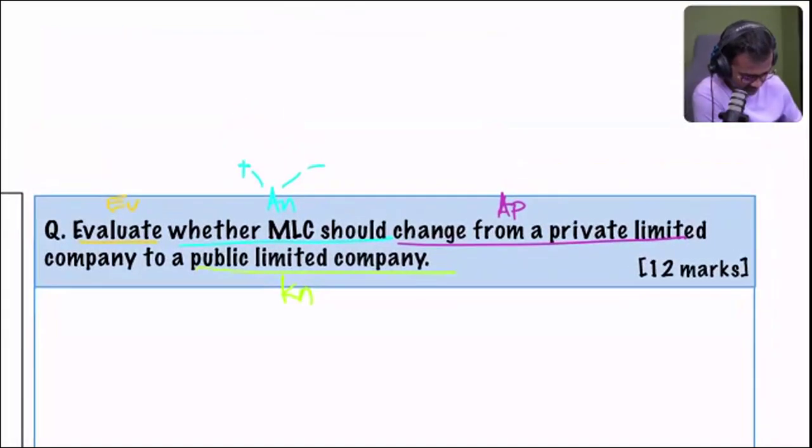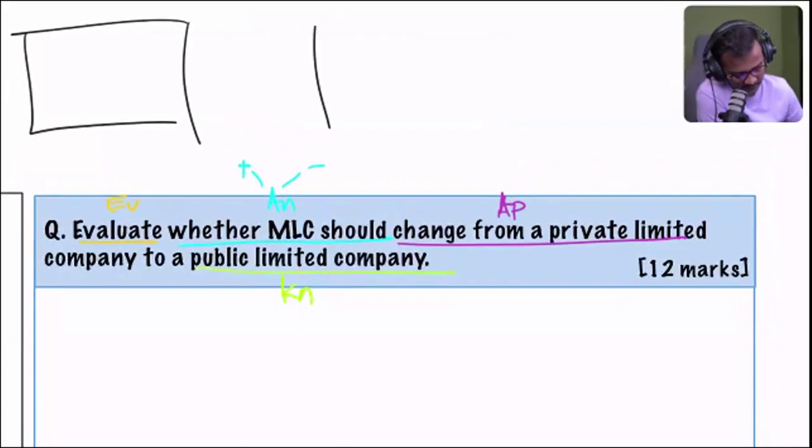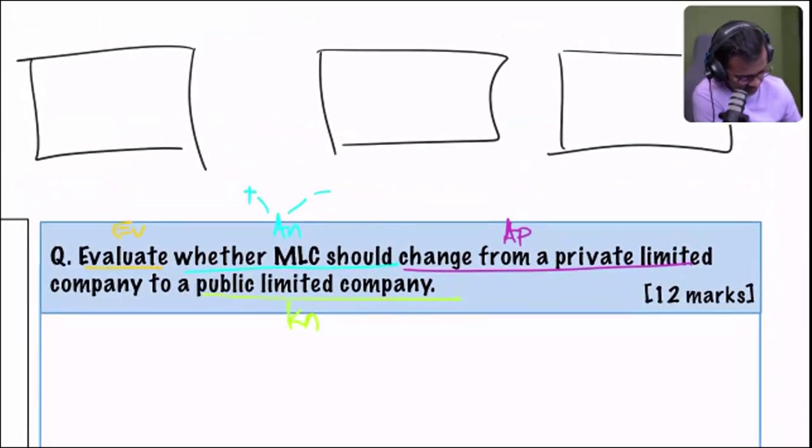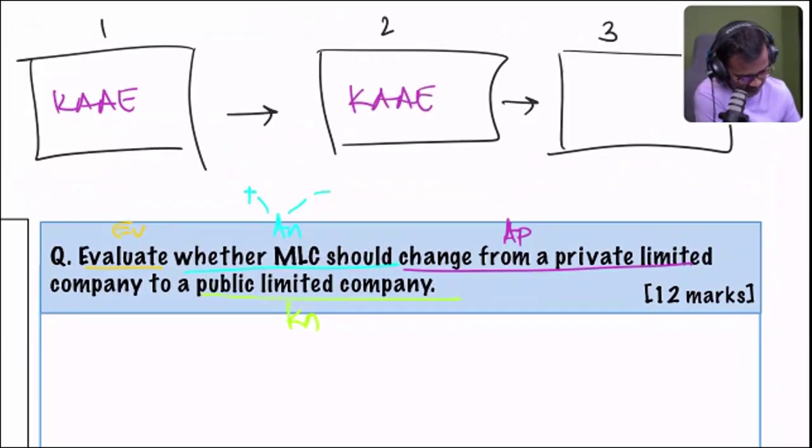So when I attempt 12 mark answers, the way I divide it is I take three largely same length paragraphs, and each one is, for the first one, you go knowledge, application, analysis, and third a bit of evaluation. You finish that, you go again into this, another knowledge, application, analysis, evaluation, very good, Urva, and then you reserve your final one for evaluation.